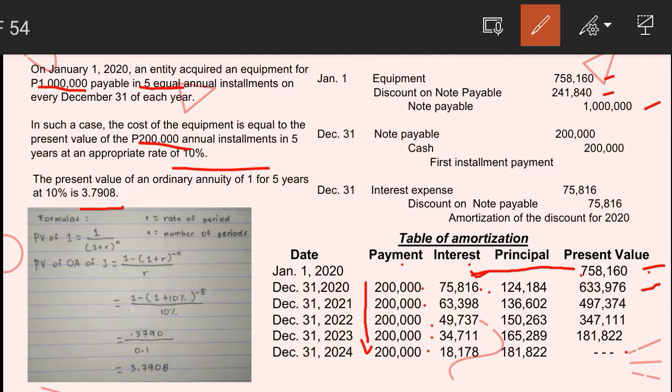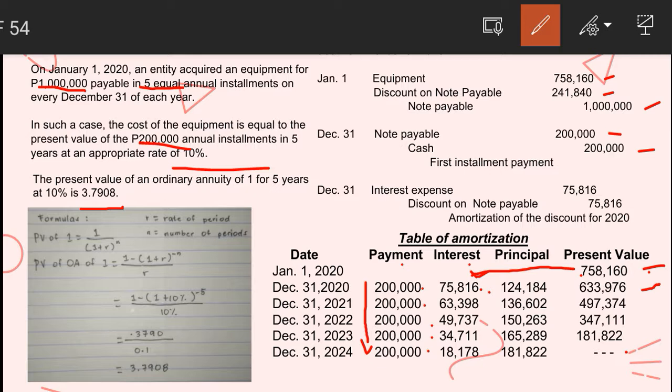Then at year end, 2020, we pay the note payable: note payable 200,000 and cash 200,000. The other entry is interest expense.